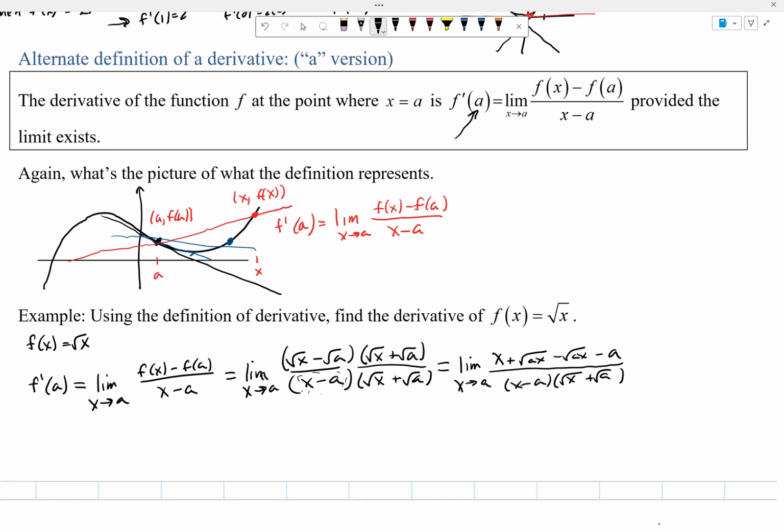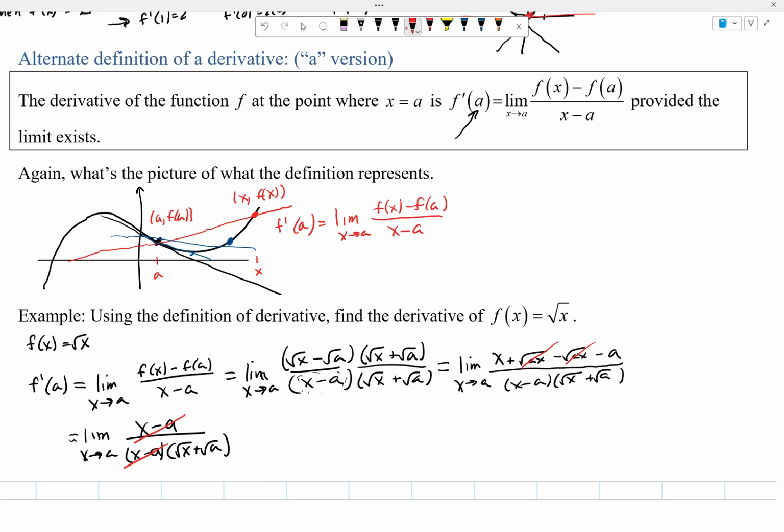All right, break out my red pen because this square root and that square root cancel, which means I now have the limit as x approaches a of x minus a over x minus a times square root of x plus the square root of a. You might see that these two clearly cancel.